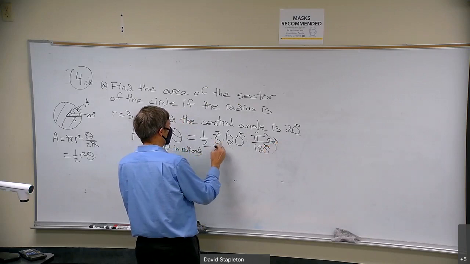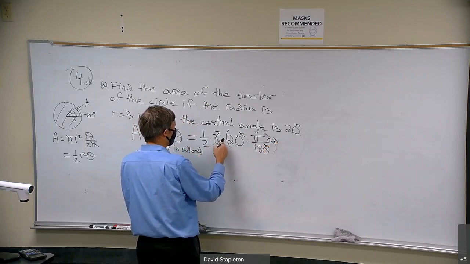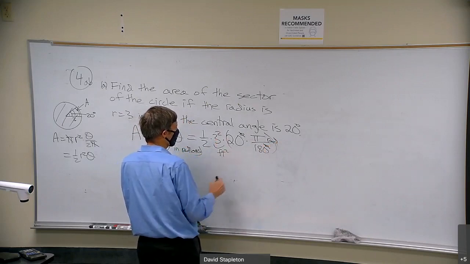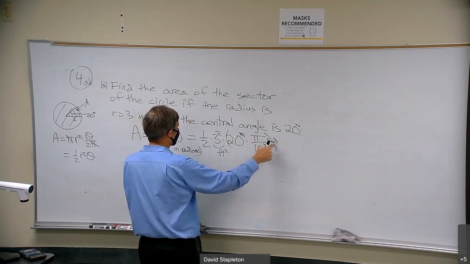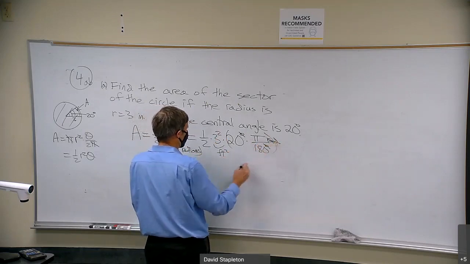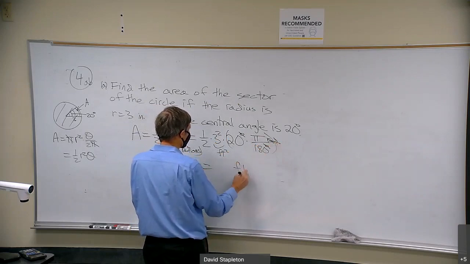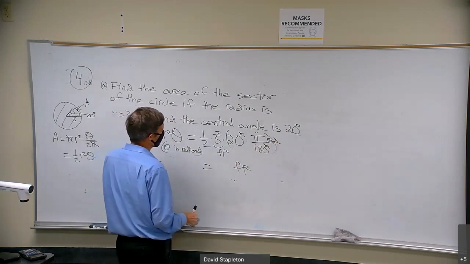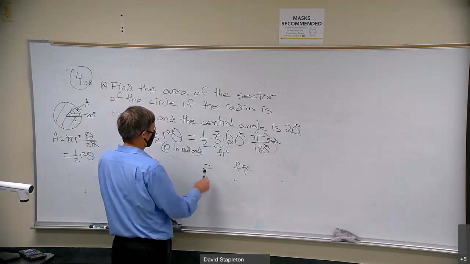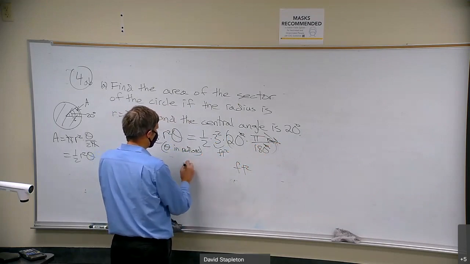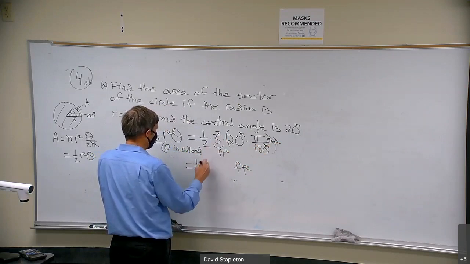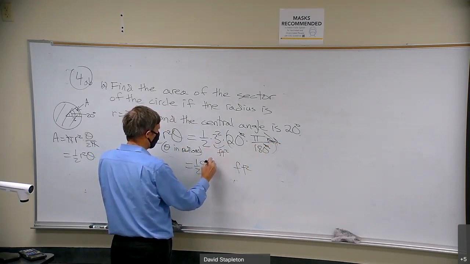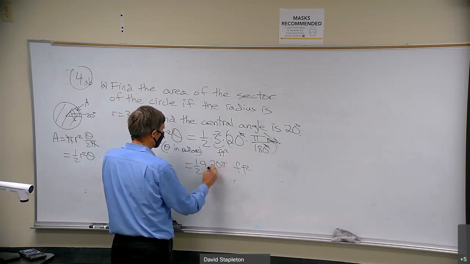Now, 3 squared is feet squared, right? It's 3 feet, quantity squared, is feet squared. And then I've got radians, so the area is now feet squared radians. Radians is unitless and falls out, so you've got square feet. But good, it's an area. You can kind of check yourself like that. But let's see, 1/2 times 9 times 20 pi over 180, right?